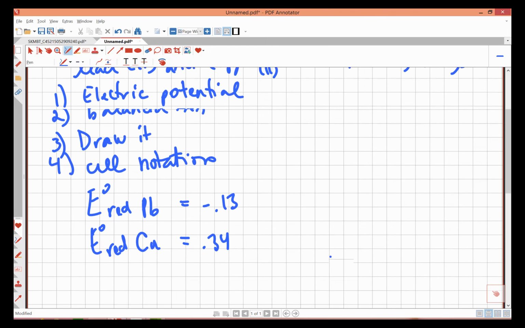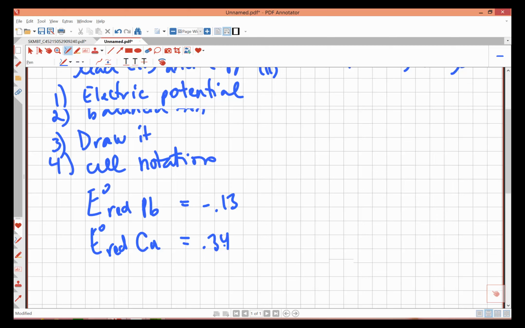So in this case, if we were to have lead reduced, it would be negative 0.13 as written, and copper therefore oxidized, it would be negative 0.34. So their total would be negative. So that wouldn't be spontaneous. That's what you were looking at the other day. All right, so it does not make sense for lead to be reduced and copper to be oxidized, because then our total potential would be negative.